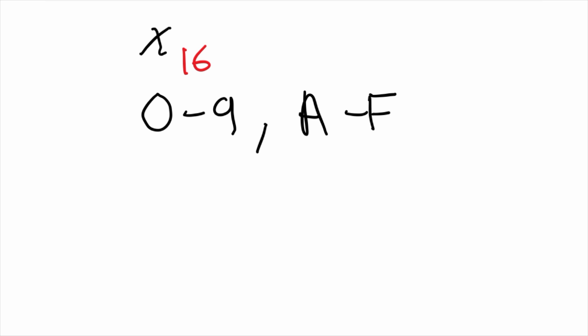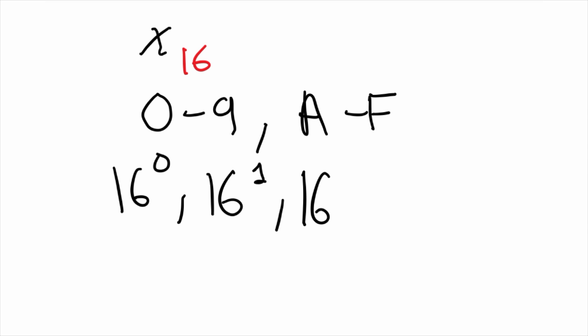The headings for a hexadecimal number are powers of 16. So we have 16 power 0, 16 power 1, 16 power 2, 16 power 3, and so on. Since 16 is equal to 2 to the power of 4, this means that 4 binary digits are equivalent to each hexadecimal digit.